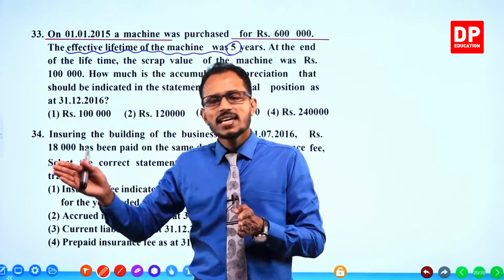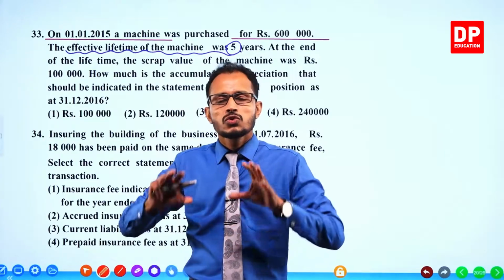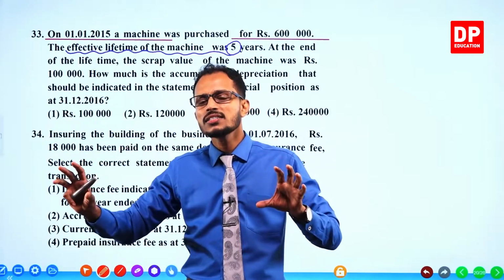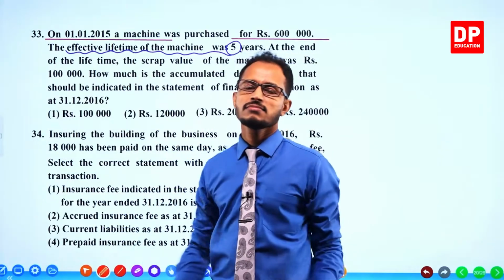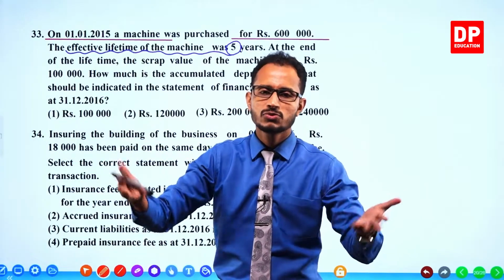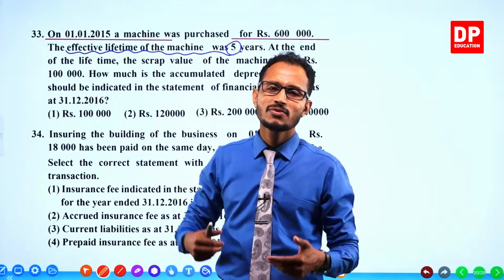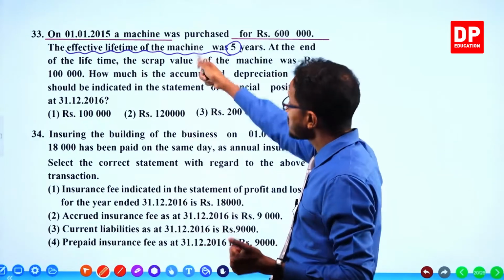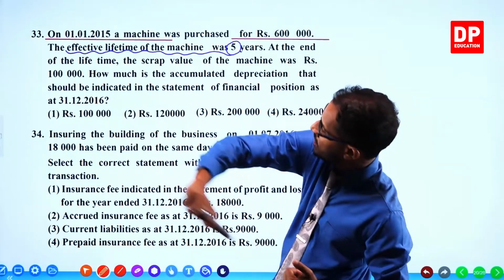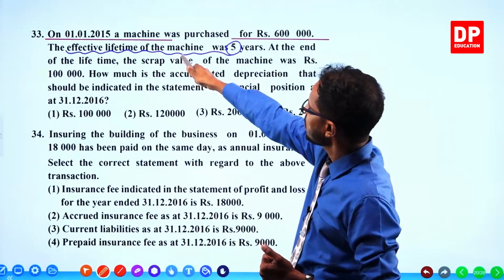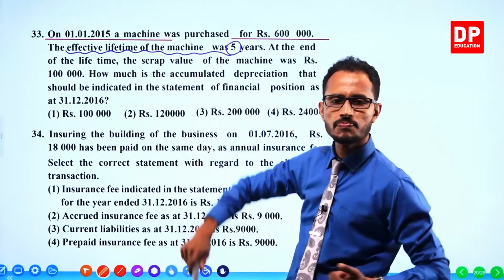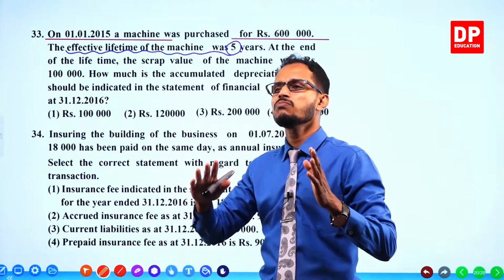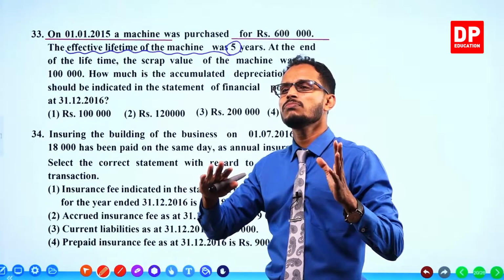During those years, you have watched the maximum number of hours the TV can display the channels to you. Likewise, this machine can produce for a period of 5 years. After that, the machine is useless. Like your LED TV, it will go blank.